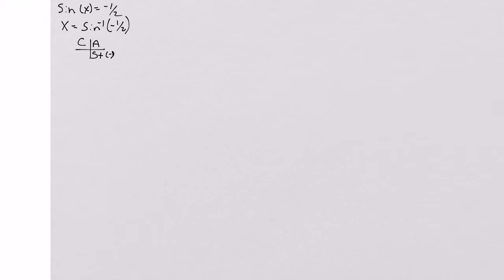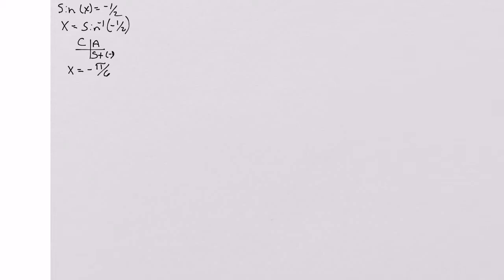Tangent does not include -π/2. Well, arc sine here is -1/2. So we're going to look in quadrant 4 for a y value on your unit circle that is -1/2. Well, conveniently, that works out to be -π/6.